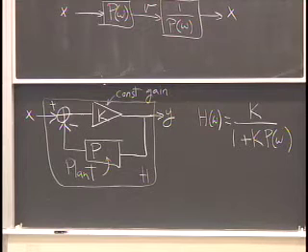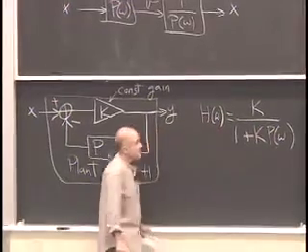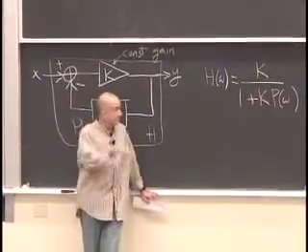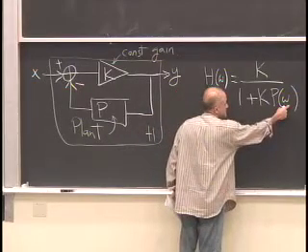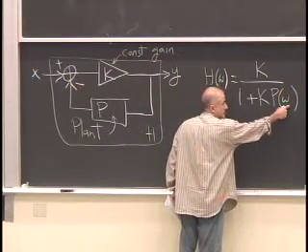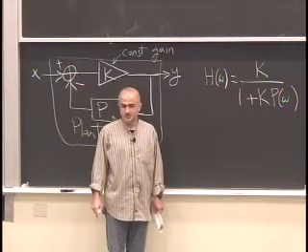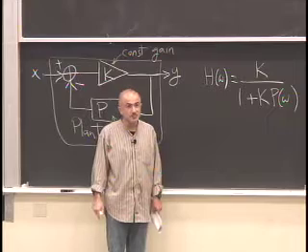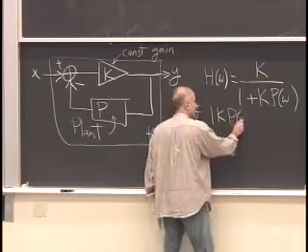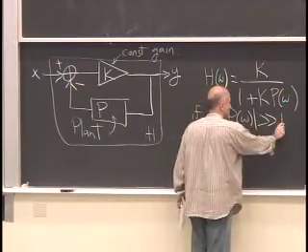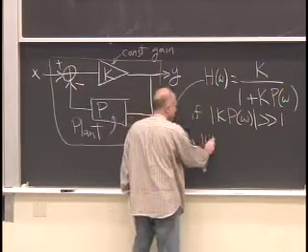Now, here's the gimmick. If I make Kp much larger than 1, what's going to happen? If Kp is much larger than 1, what can you approximate H to?